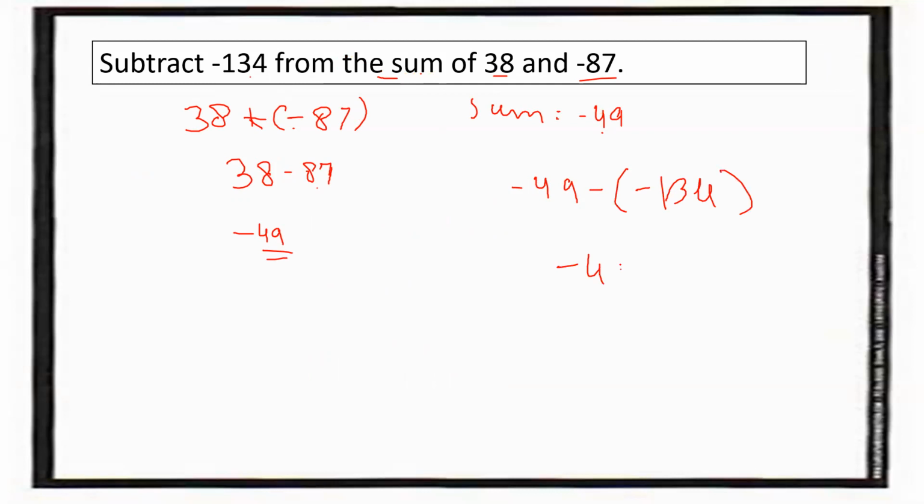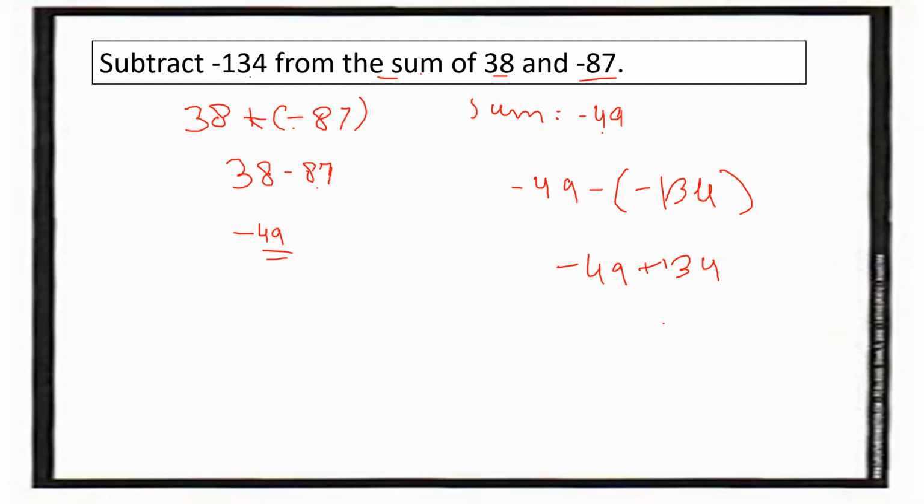That will be minus 49 plus 134. Now simply subtract it. Simple subtraction. When you subtract minus 49 plus 134, you will get 85 as your answer.